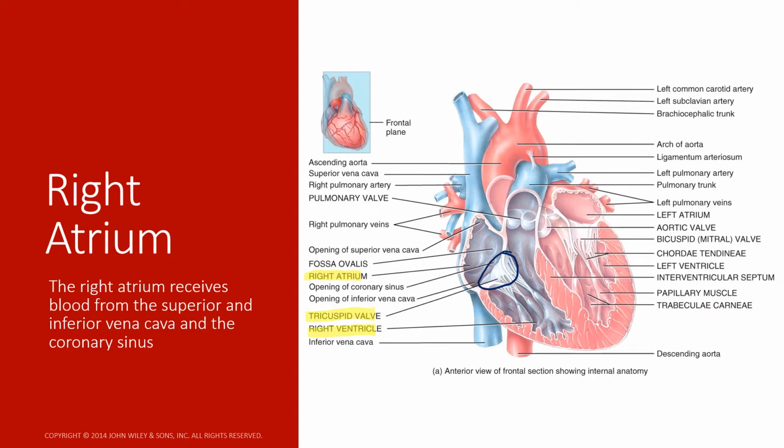Now this valve is also called the right atrioventricular valve. And this pretty much tells you directly where it goes between. So it goes between the atria and the ventricles.